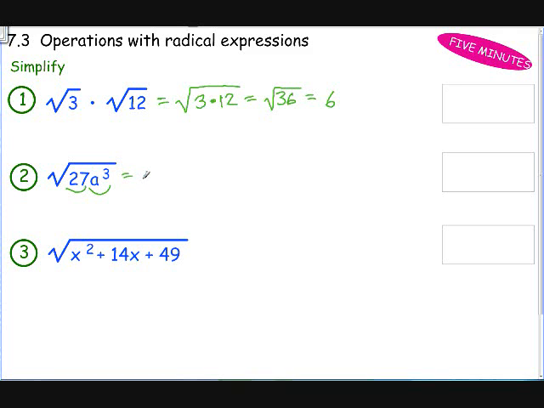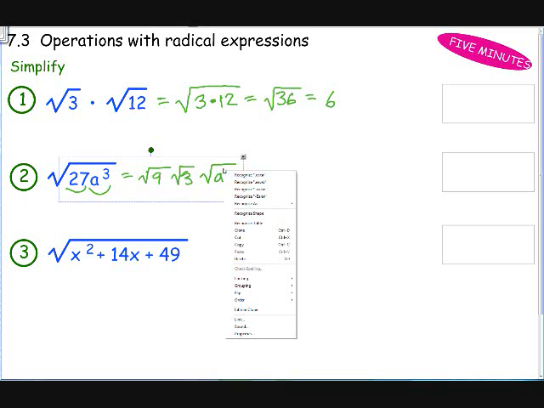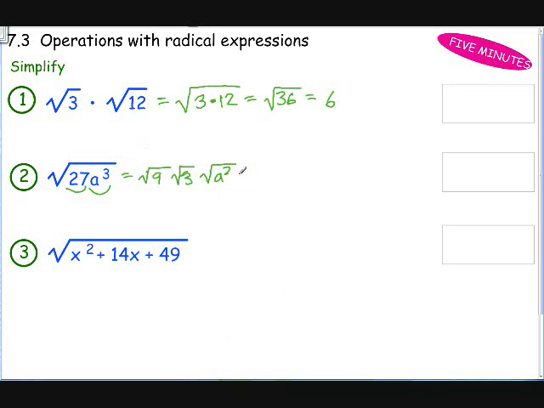Okay, so I can figure this out. Instead of saying the square root of 27, I'm going to say the square root of 9 times the square root of 3. And instead of saying the square root of a cubed, I'm going to say the square root of a squared times the square root of a.